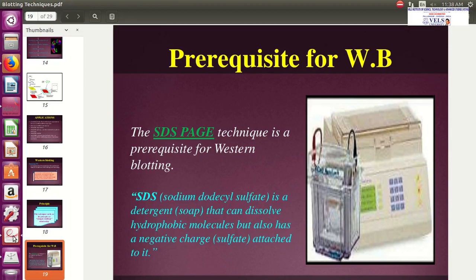That is a very important principle of SDS. It dissolves the hydrophobic molecules present in the sample.